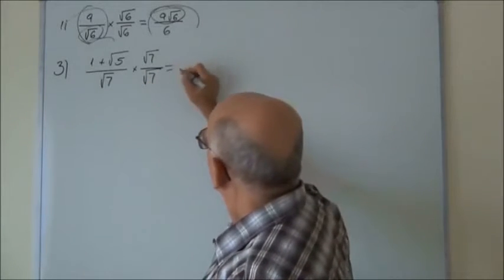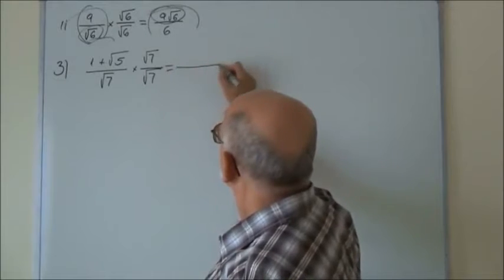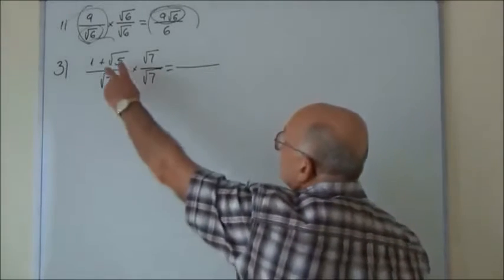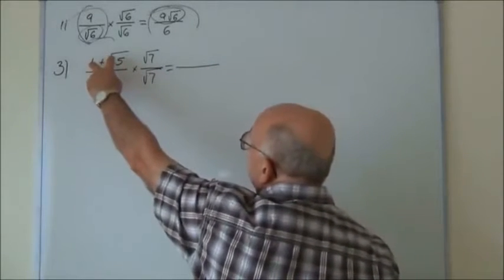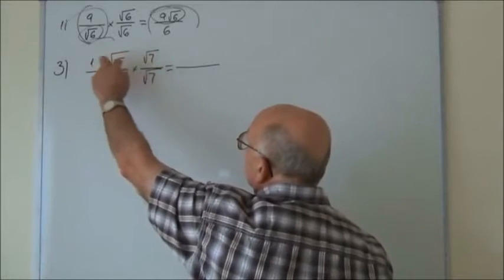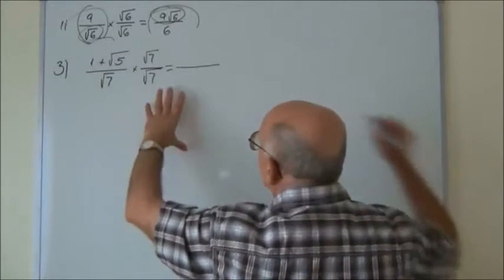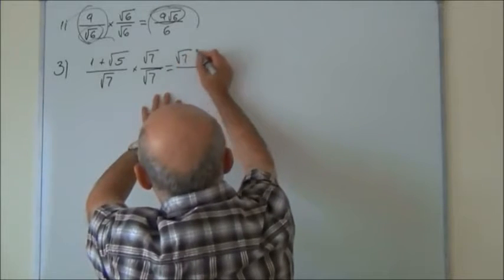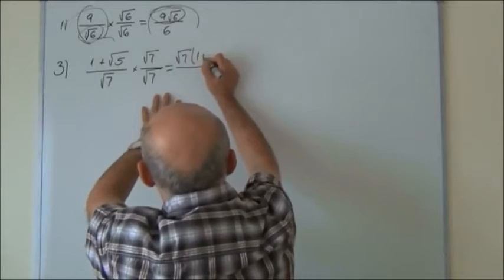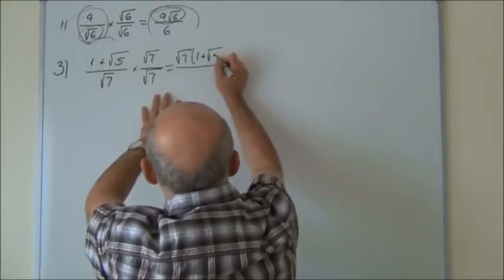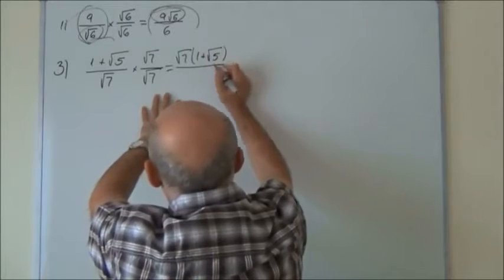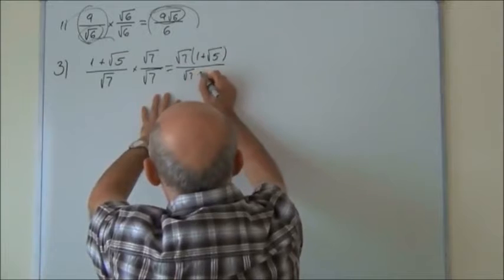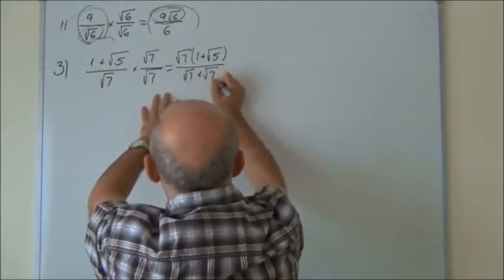The only difference from previous questions is that now we have to expand, I mean you have to multiply by root 7 both of those. So I will write here root 7 multiply 1 plus root 5, and here of course root 7 multiplied by root 7.